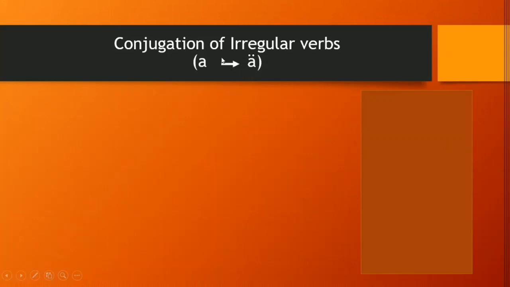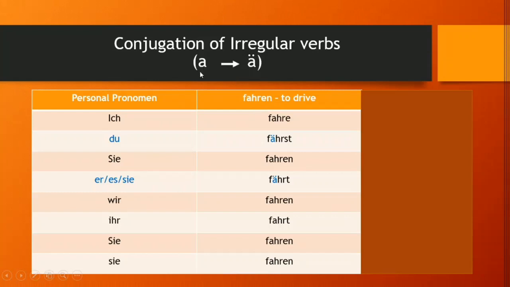So over here, in this irregular verb, A changes to A umlaut. In Deutsch, this is ä. A changes to A umlaut, right? So this is fahren. Fahren means to drive. For this irregular verb, A changes to A umlaut for du and er/sie/es.